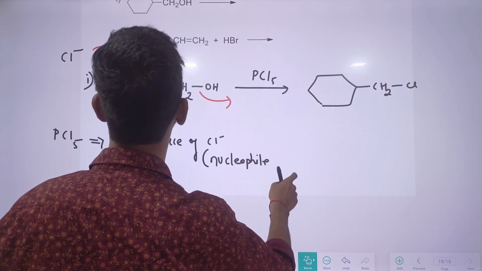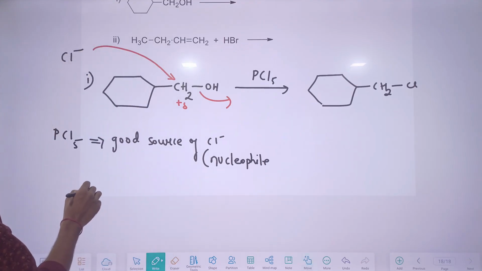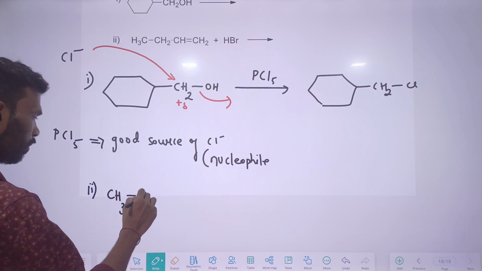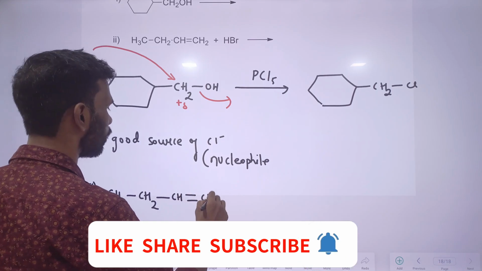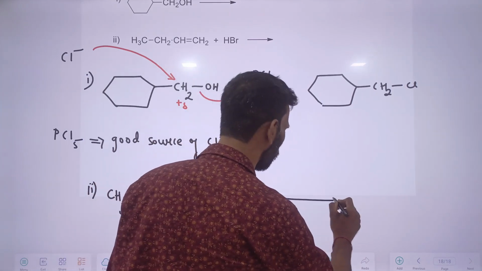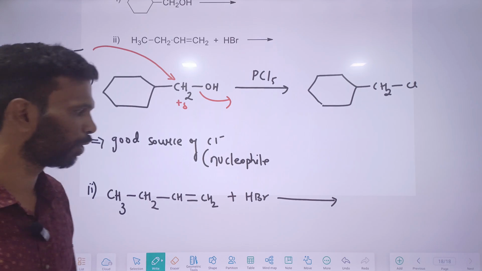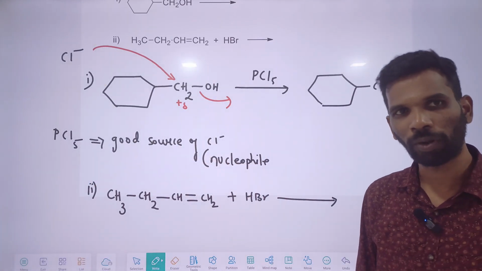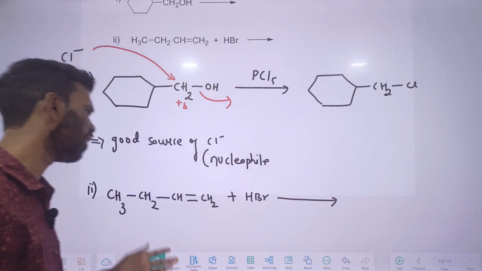Next reaction, what they have shown over here is this. Second reaction, that is CH3, CH2, CH2 HBr. Can someone comment and tell me what is the name of this reaction? Pause this video for some time and think of the product. This is Markovnikov's reaction, where the negative part of the adding species goes to the carbon which has less number of hydrogens.